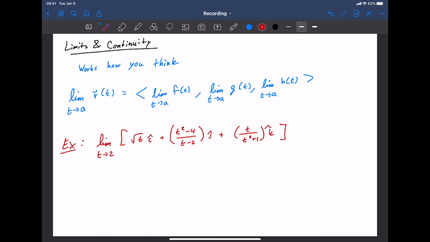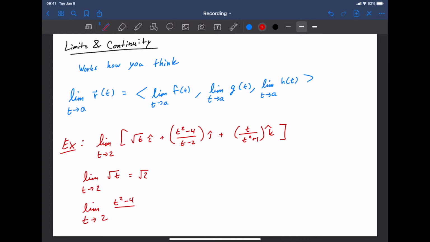We're just going to find the limit of each of these three. You don't normally have to write all this out, folks. What's this limit? Root 2. If you can do these in your head still, good for you.